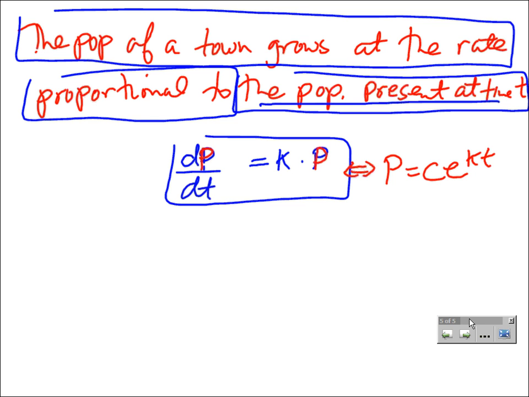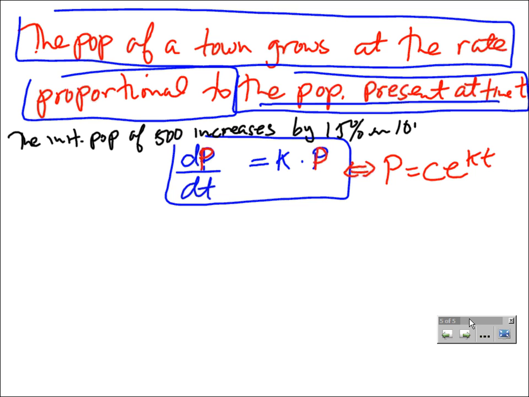It says the initial population of 500 increases by 15% in 10 years. What is the population after 30 years?